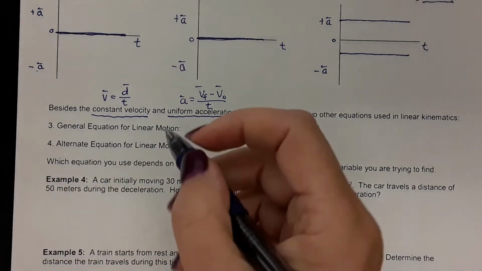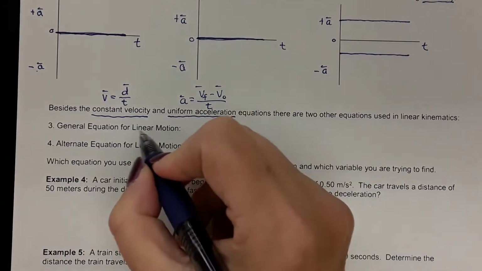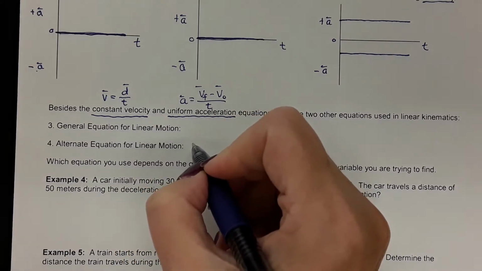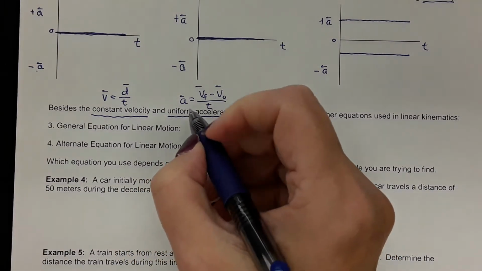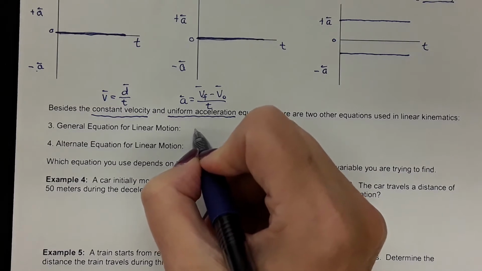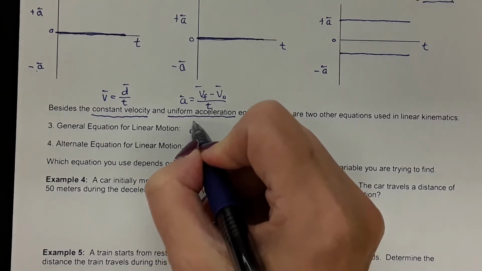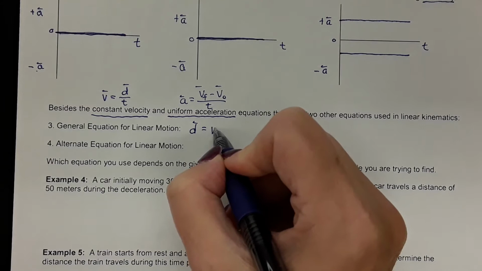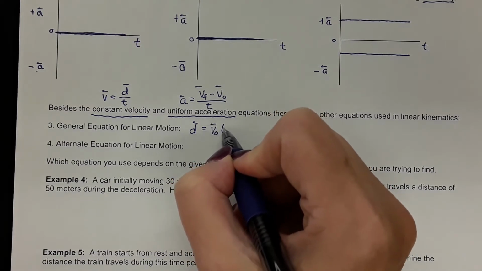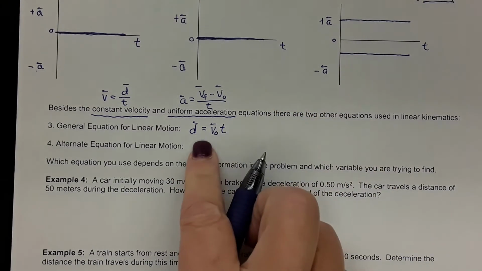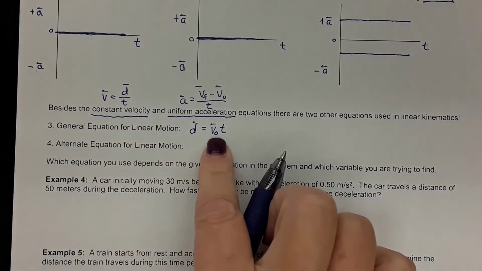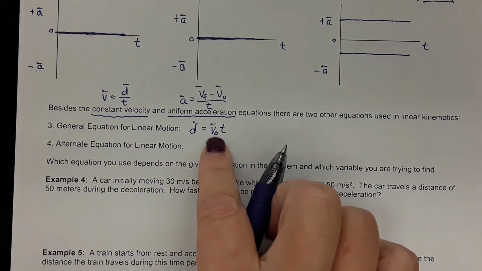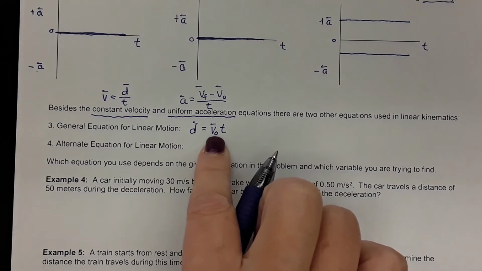The first formula we're going to look at is called the general equation for linear motion. Well, I call it that, but it looks like this. The displacement traveled is equal to the initial velocity times the time period. Look, there's your constant velocity part. But now this v_o is not going to stay the same.